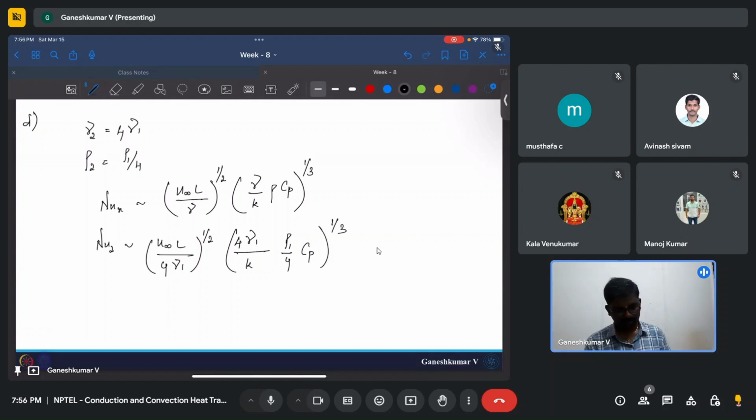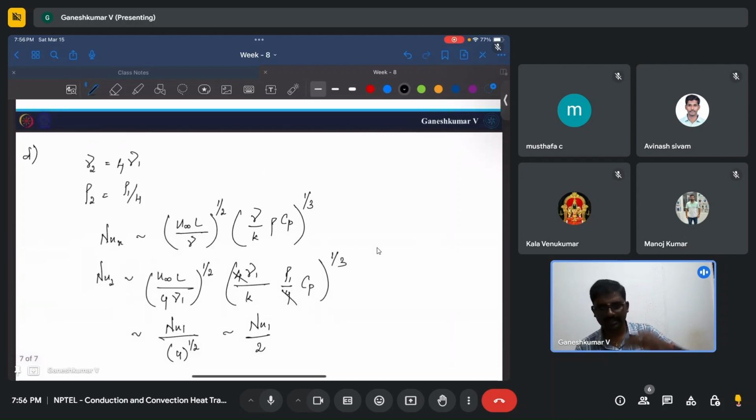This is also fairly easy, not bad. So you just remove this, then this becomes basically Nu1 divided by 4 to the power 1 by 2, which basically tells Nu1 divided by 2. So when you increase the viscosity but reduce the density, your Nusselt number actually decreases. It is going to be halved.